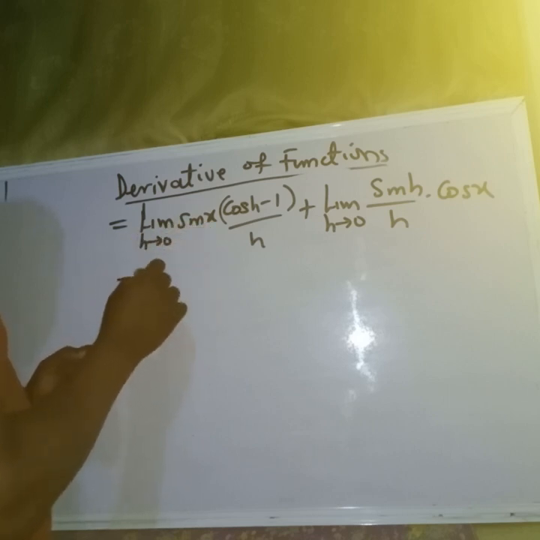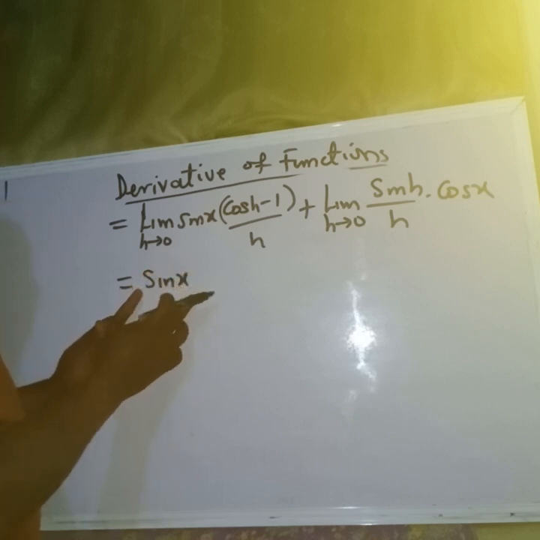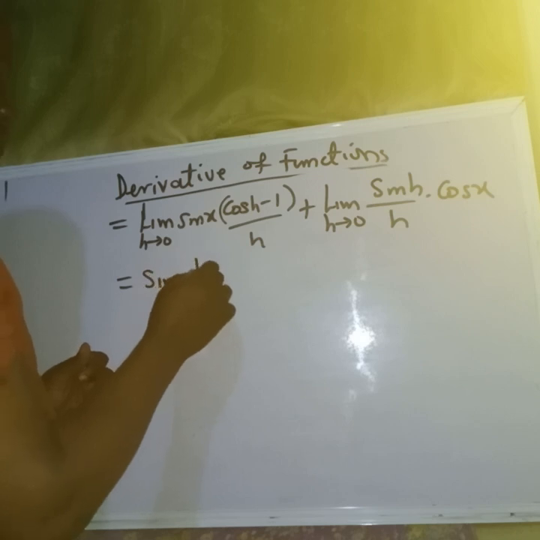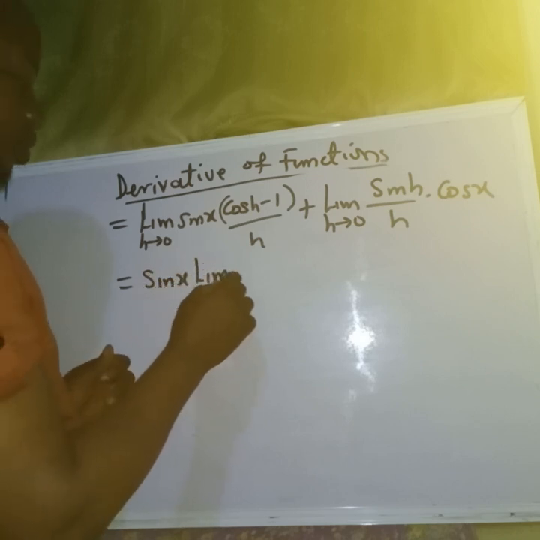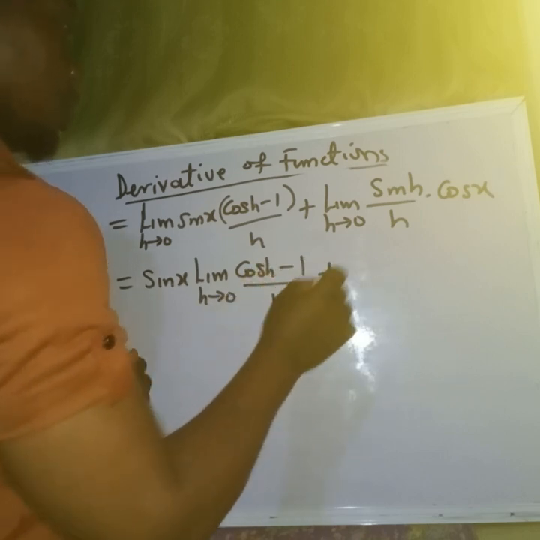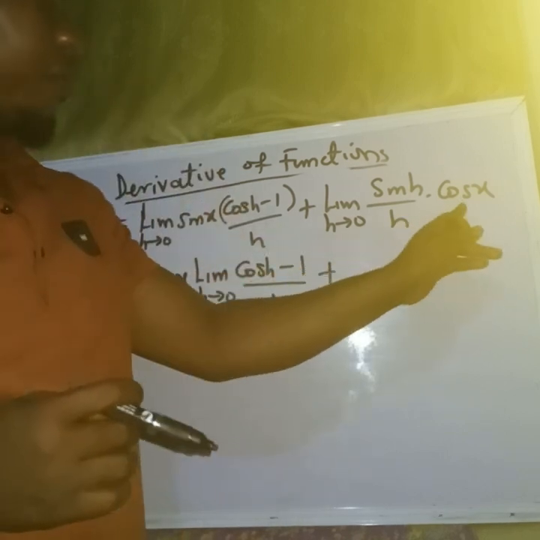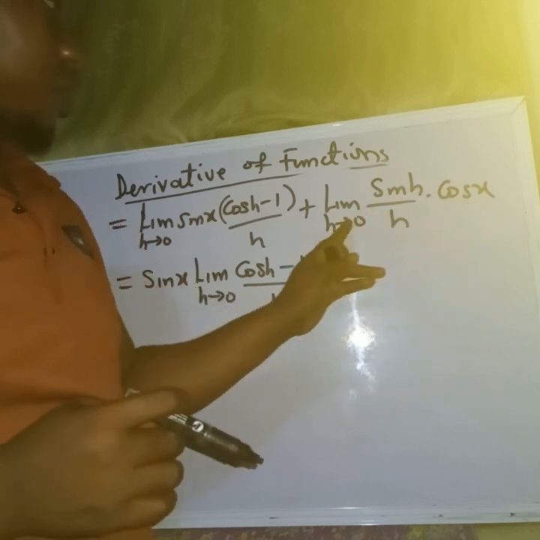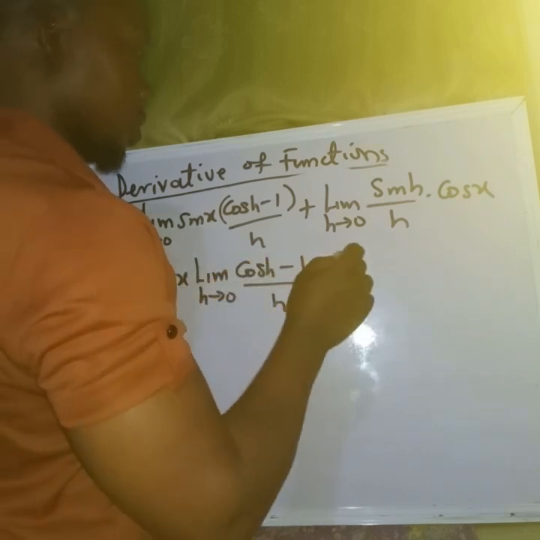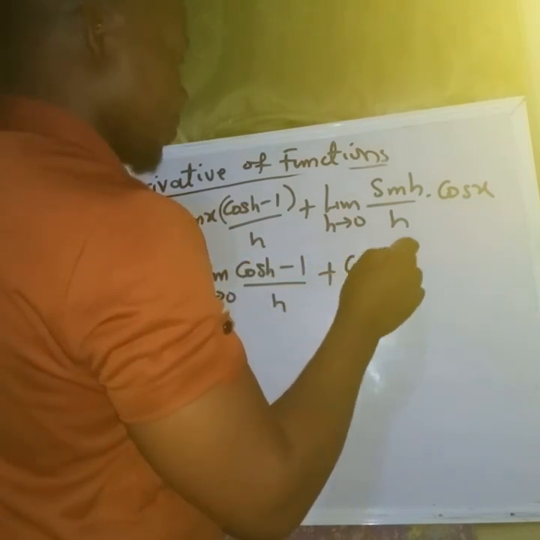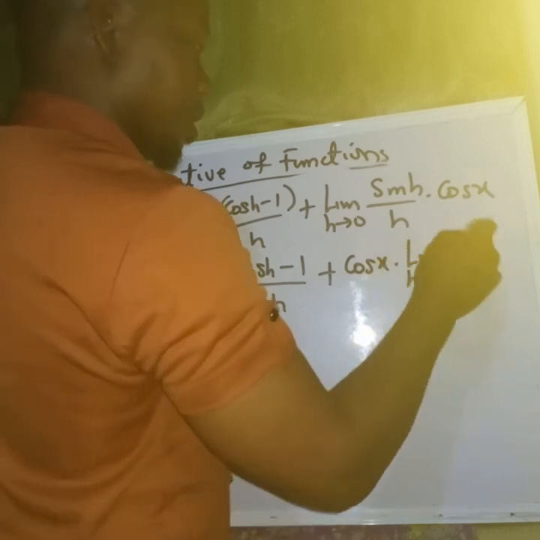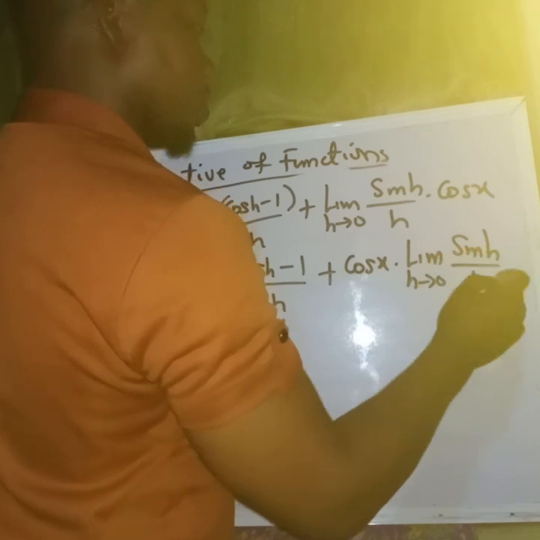Because of that, sine x can come out, and the limit affects cos h minus 1 over h. Again, the limit will not affect cos x, because it is also an independent term. So the limit affects sine h over h.